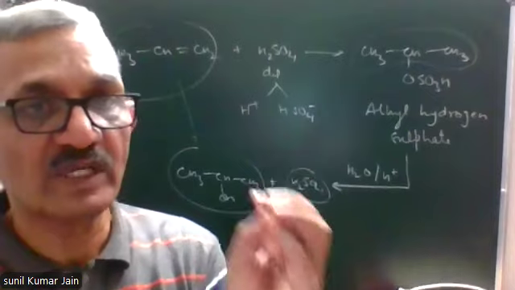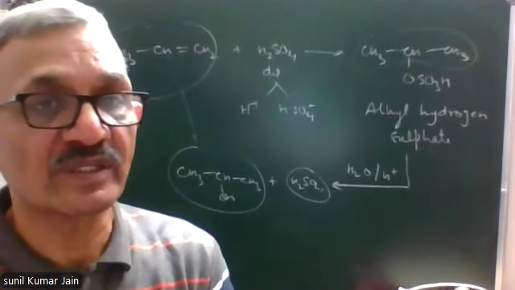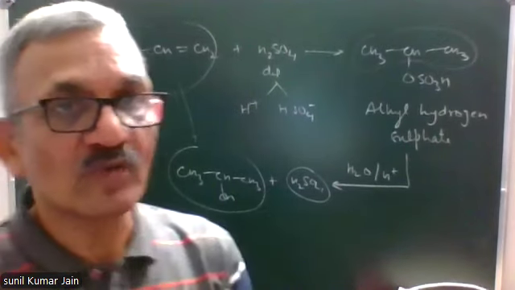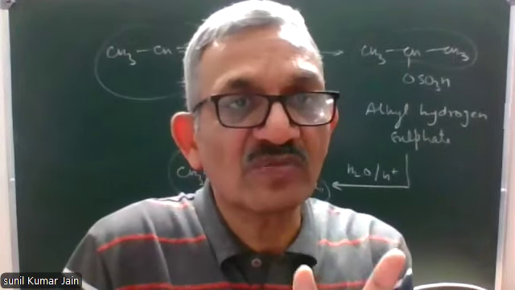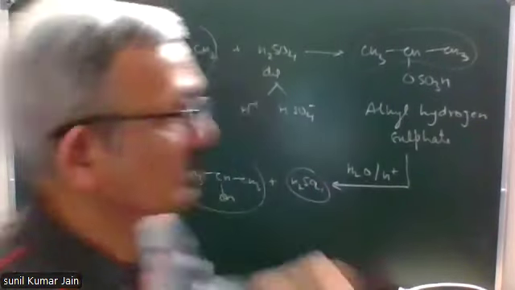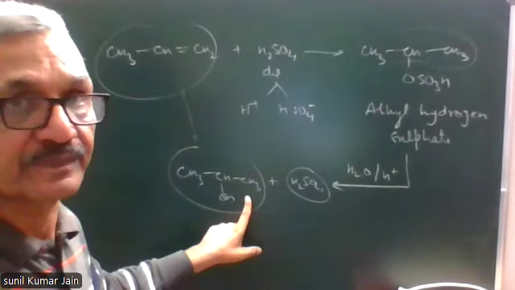So we can say water has been added. That is why we call the reaction hydration, that is addition of water, hydration of alkene. Moreover, these two parts of water have been added according to Markovnikov's rule. More gets more. H goes to this, OH goes to this, we get this product.